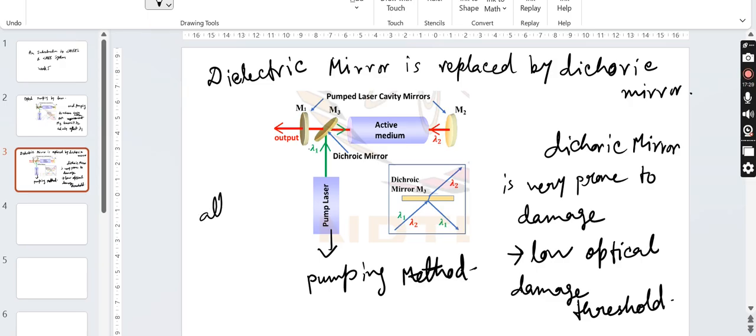Alignment is very crucial, not only in laser action but in any optical setup, be it Raman spectroscopy or another spectroscopy. So it's not easy to replace a dichroic mirror after some years. So we need a permanent solution.